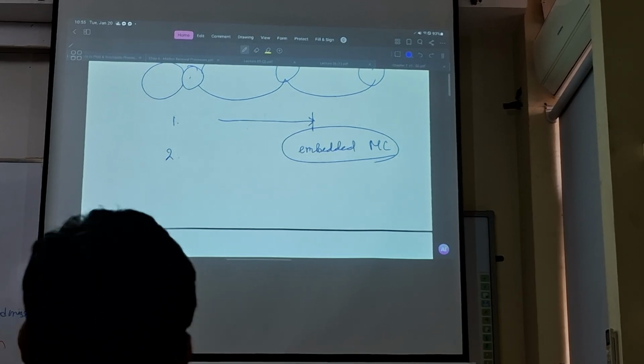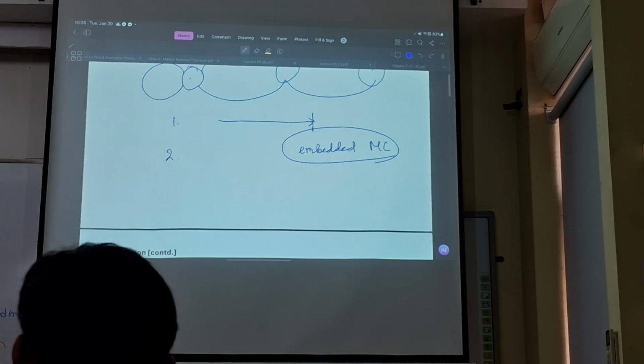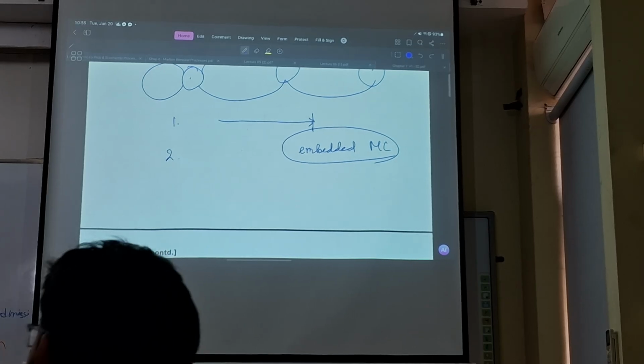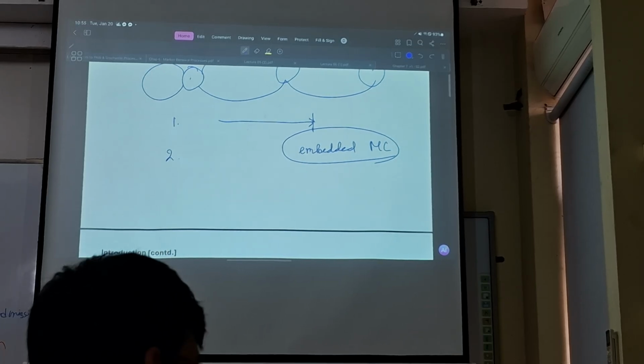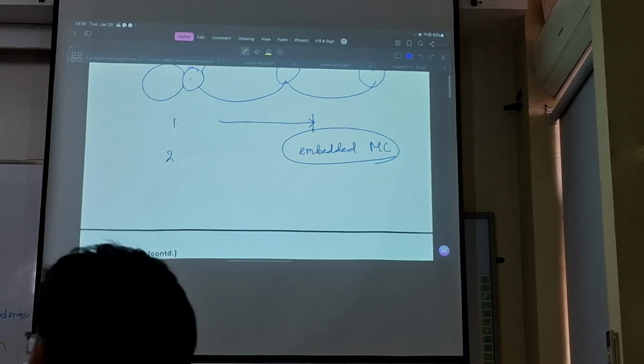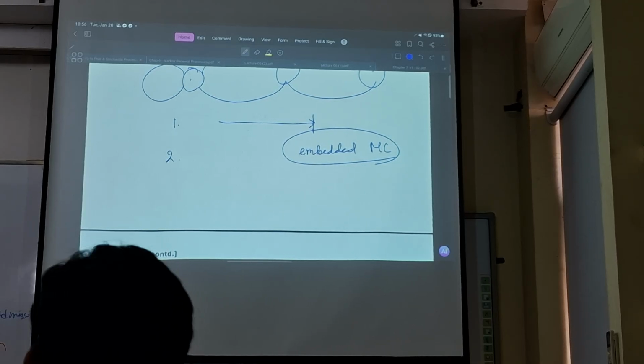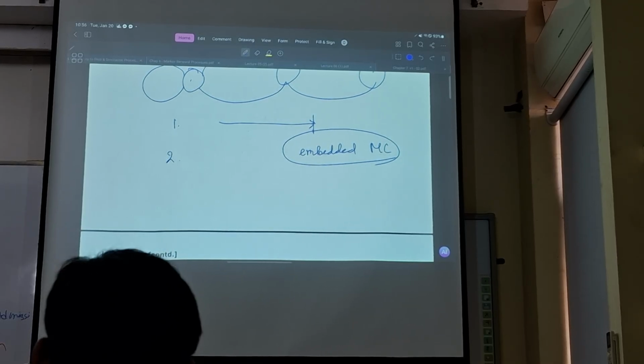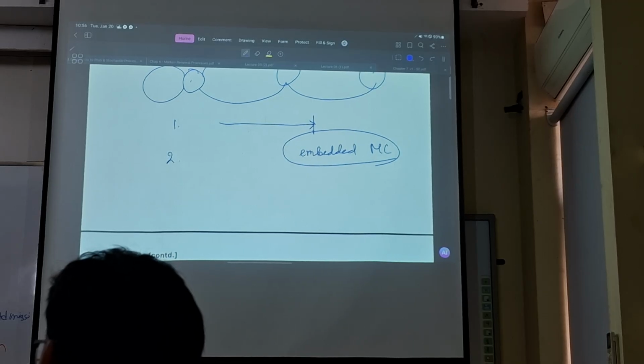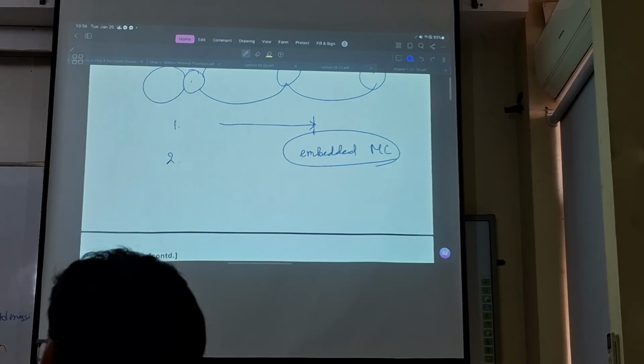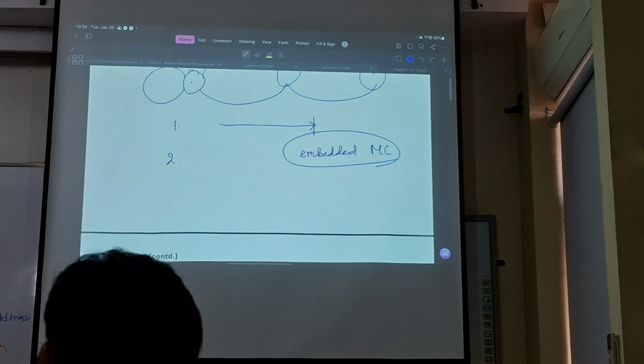In case of a discrete time Markov chain, since after each time slot there is a transition, pi I represents what? The long run probability that there is a transition through state I. Right?